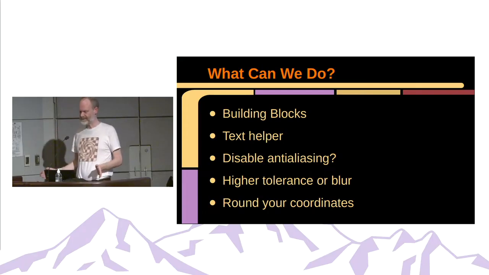If all else fails, you can introduce a tolerance. That's something that matplotlib uses. So if you can't make the images match exactly, just put in, say, as long as it's within this tolerance, it's good enough. Or you can blur the image so that some of that randomization of the anti-aliasing just washes out.